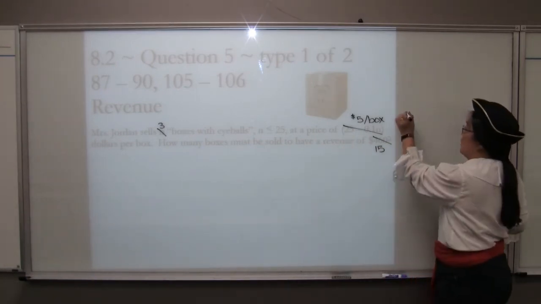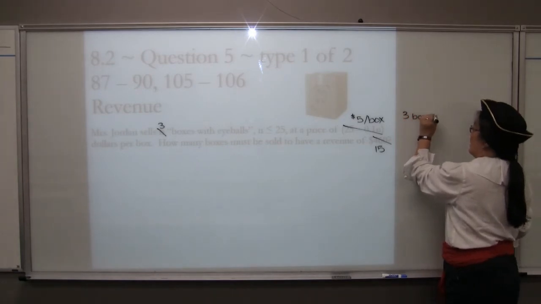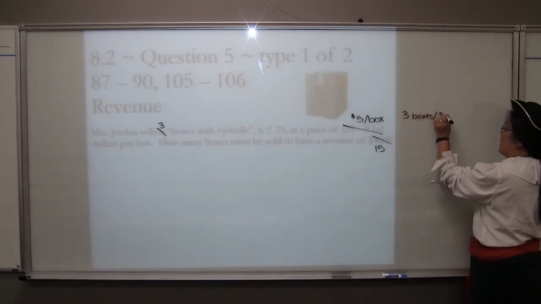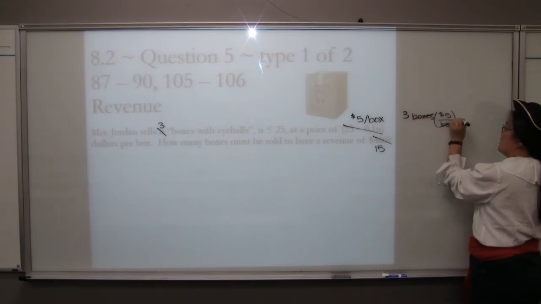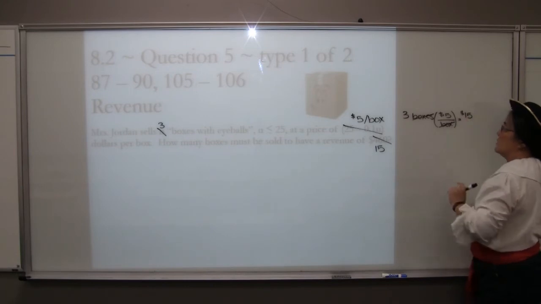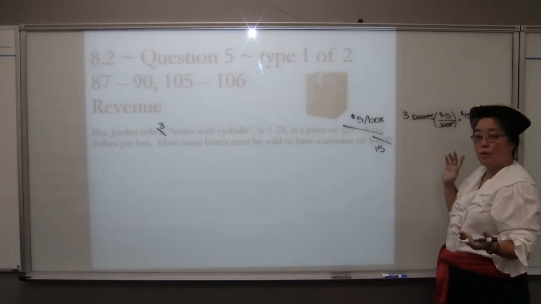We took 3 boxes times $5 per box. Hey, dimensional analysis from back in your science classes gives you 15. The dollar sign is the only label that remains. Hey, that is our formula.